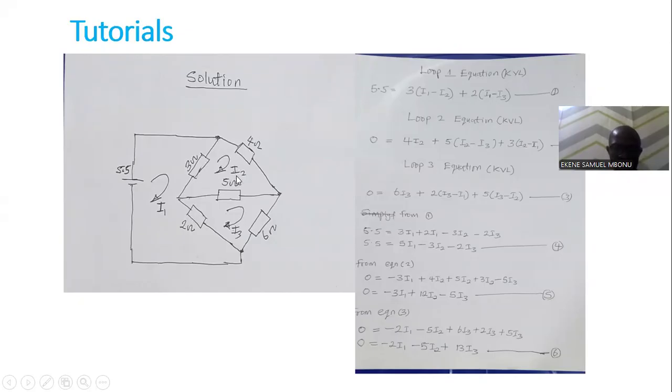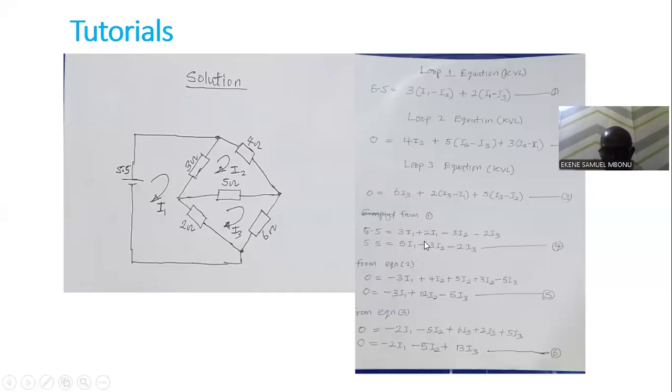So we have 4I2 plus 5(I2 minus I3), and then plus 3(I2 minus I1). For loop 3, I3 is the principal current there. So we have 6I3 plus 2(I3 minus I1) plus 5(I3 minus I2).